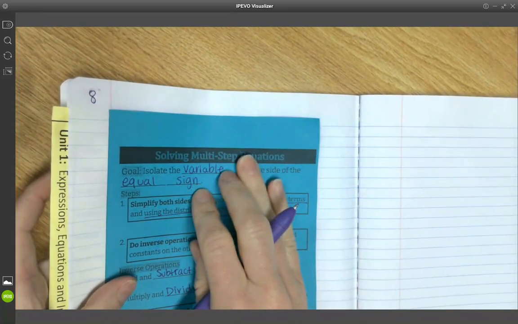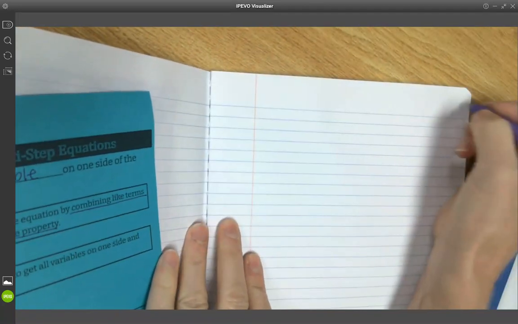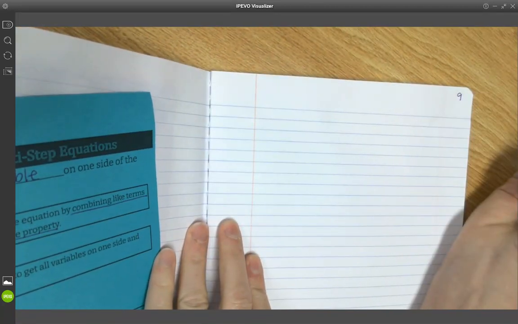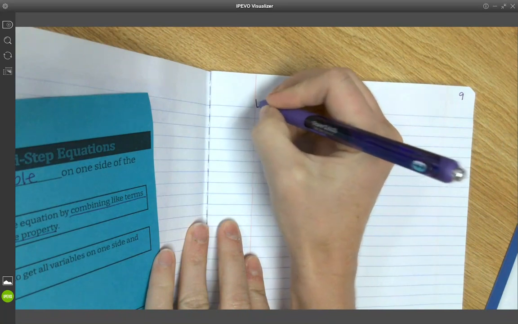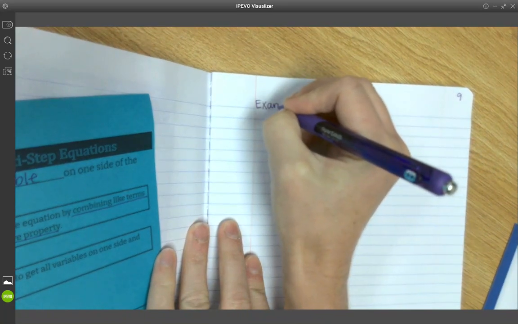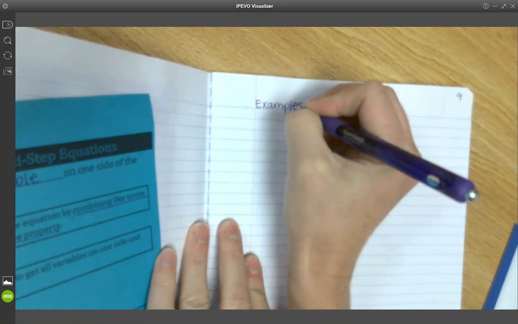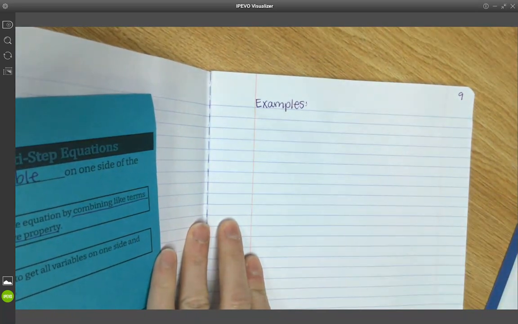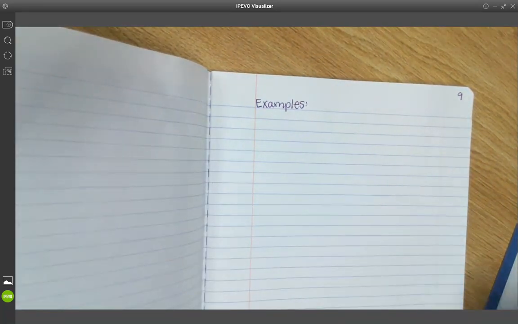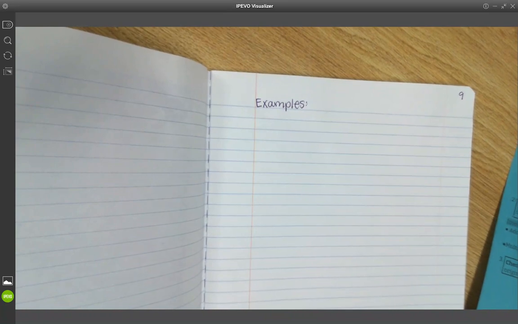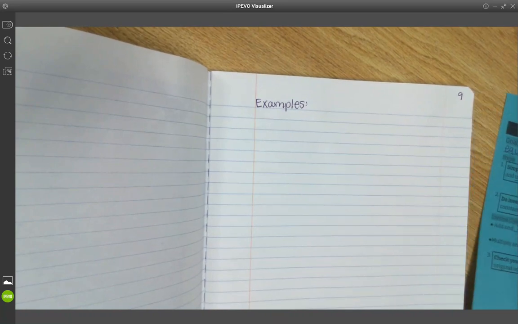So this is going to go on page 8. Don't worry about gluing just yet. Wait till we're done. Go to page 9, and we are going to write examples here. We're going to follow the steps.